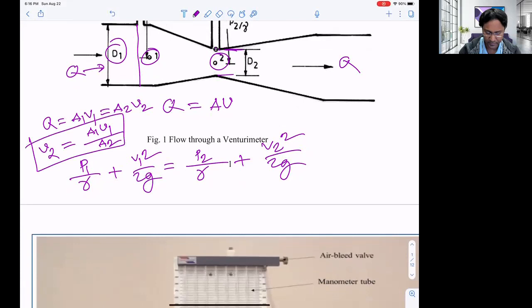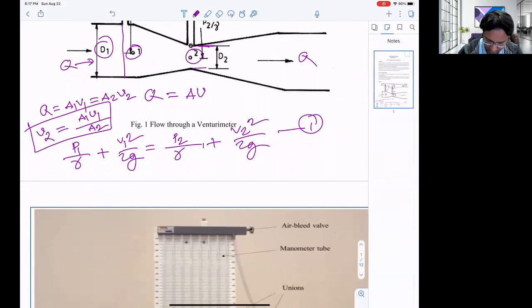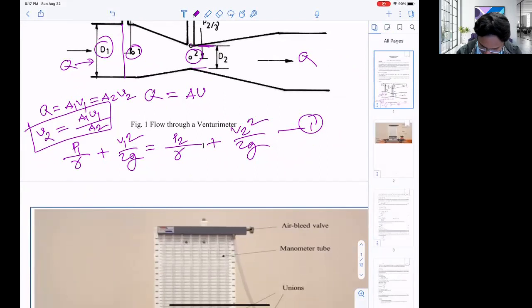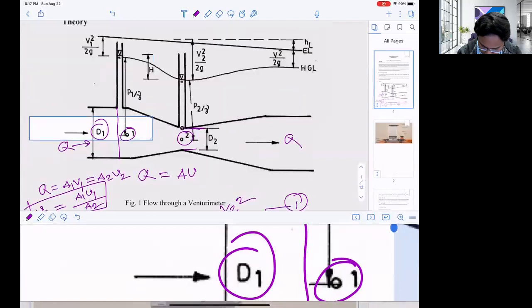And we also have this Bernoulli's principle. Let me quickly show you this one.